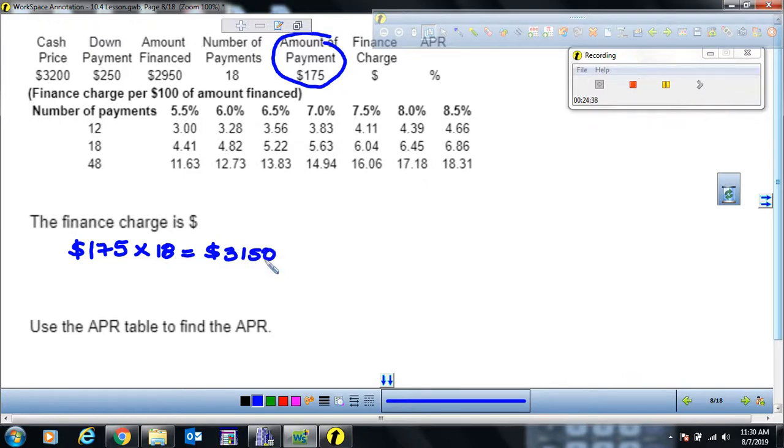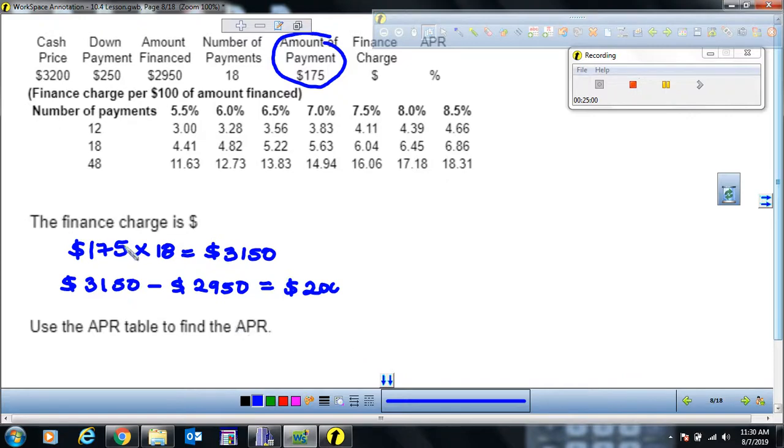If you take this amount, $3,150, and subtract the amount financed, not the down payment, you're going to get 200 as the finance charge.